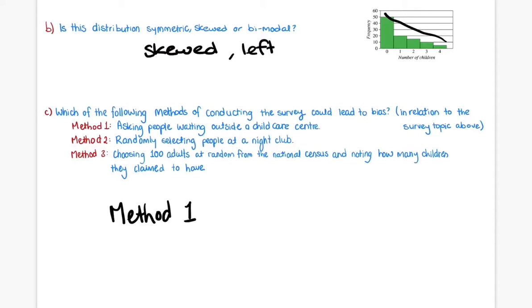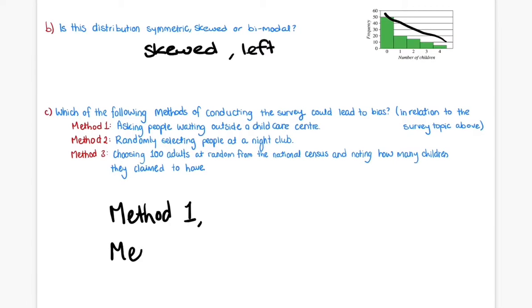For these you'll want to explain how. If they're at a childcare centre, they're obviously going to have children most of the time, unless it's grandparents picking up a child, or a friend or someone picking up the kid for the parent. So method 1, because people at a childcare centre most likely have a child. Method 2, I would also say would lead to bias.